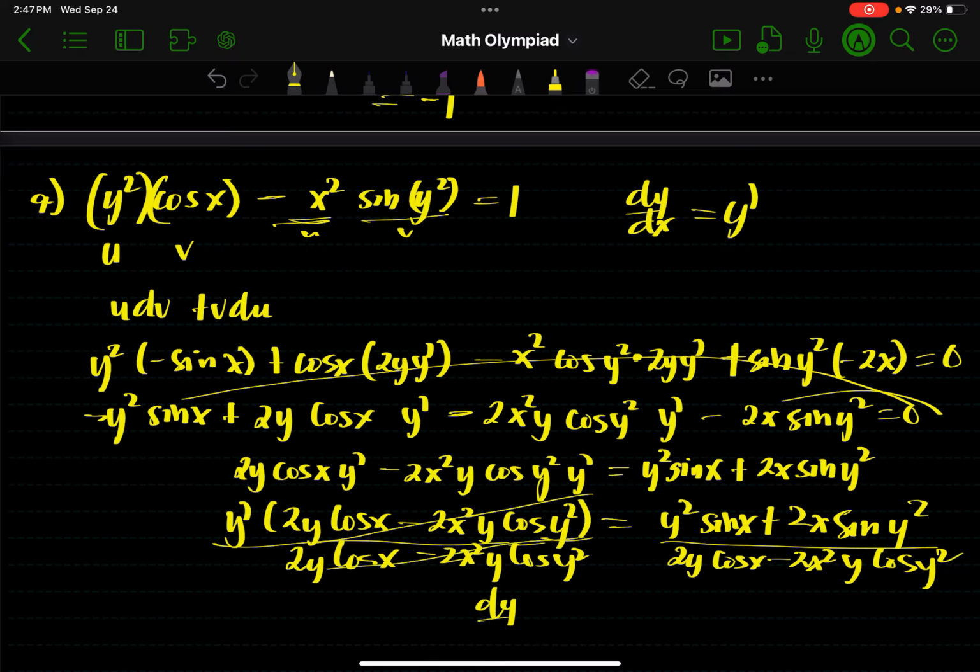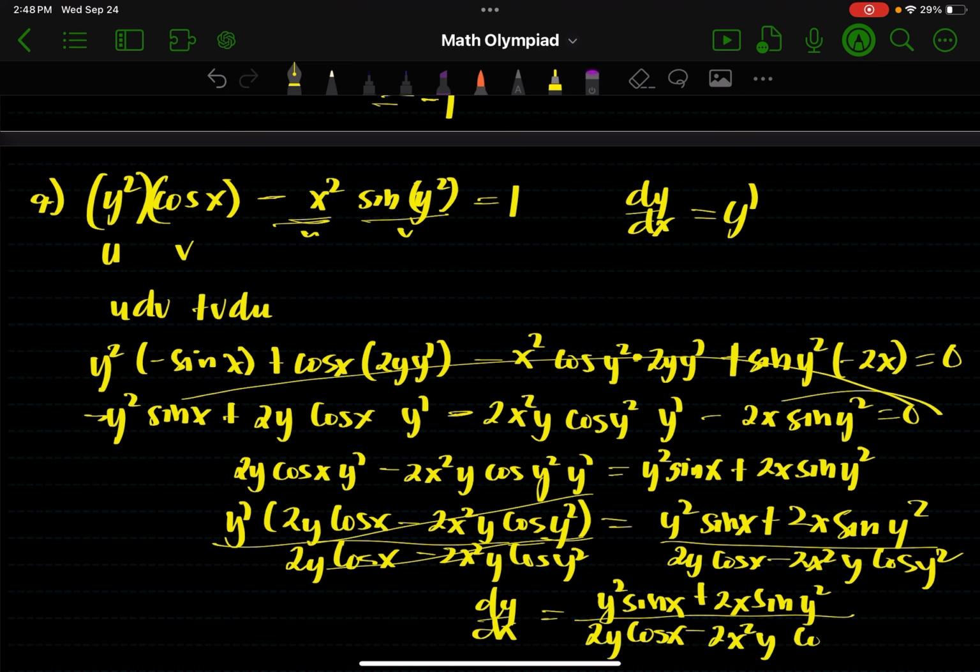So our dy over dx is y squared sine x plus 2x sine y squared over 2y cos x minus 2x squared y cosine y squared. And this is the final answer.